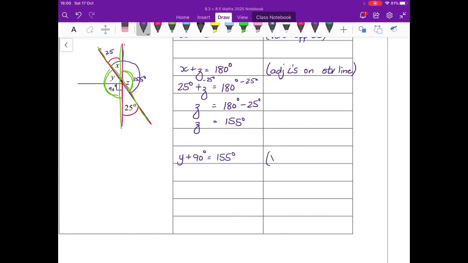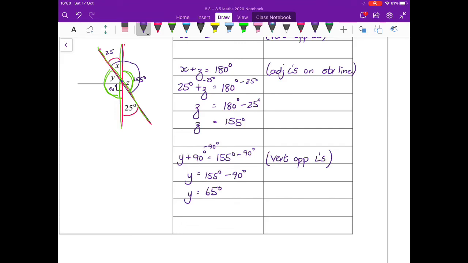Why can I say that? Well, vert op angles. Please don't write "vert op angles are equal". It is implied by this, and you need to write it as required. So y equals, I'm going to minus 90 here, and minus 90 there. Y equals 155 degrees minus 90 degrees. Y equals 65 degrees.